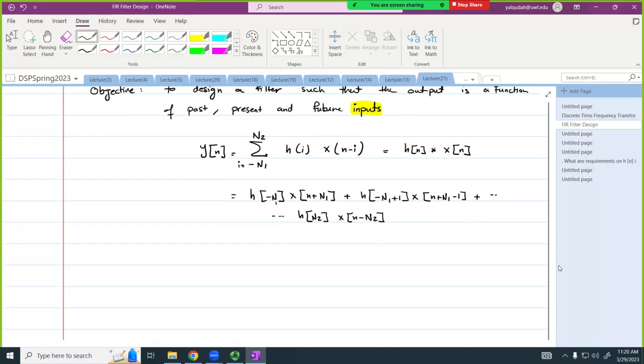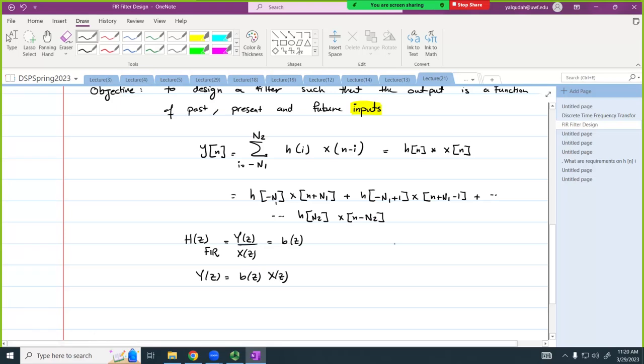Okay, so therefore, if I look at the transfer function h of z of the FIR filter, it is going to equal y of z over x of z, and is just going to equal b of z. And therefore, y of z is just equal to b of z multiplied by x of z.